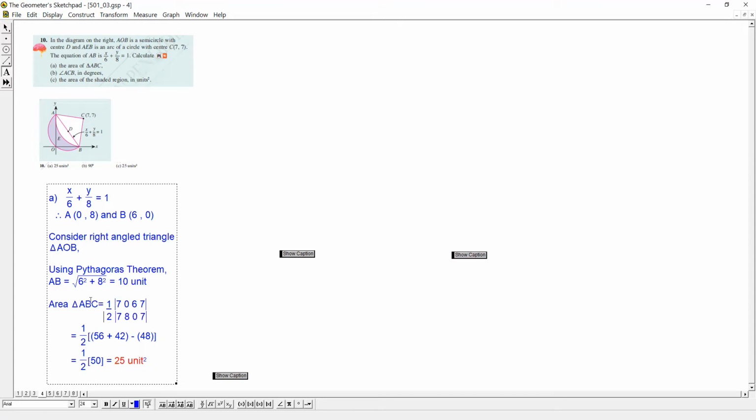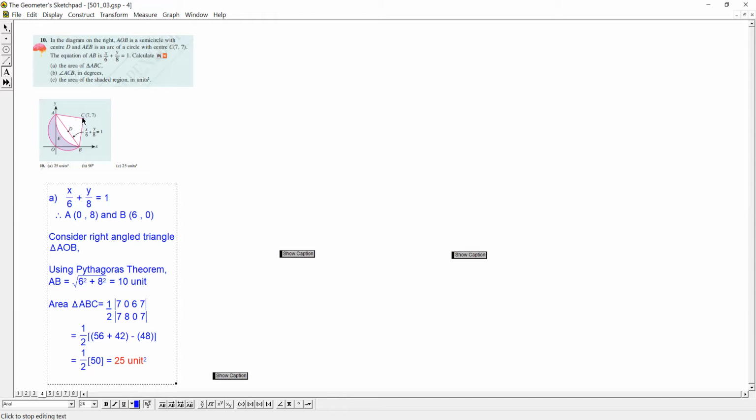So the area of triangle ABC is half, then... Have you learned this formula in Form 4 coordinate geometry? Yes. So we know the coordinates of the 3 points: 0, 8, then 6, 0, and 7, 7.